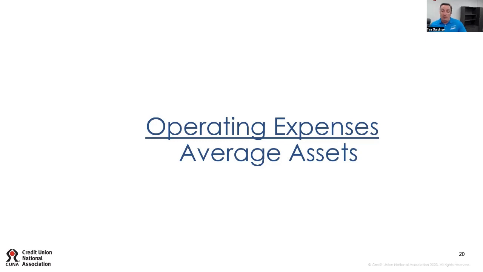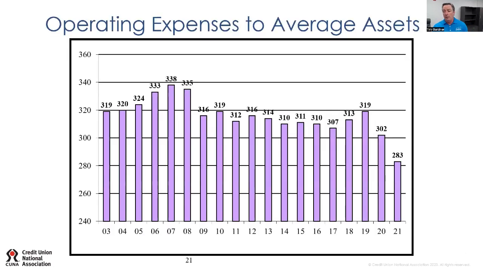And the amount is not even close as far as the second largest expense that credit unions have. But inside of operating expenses, you can find things like compensation and benefits, technology expenses could wind up there, collection expenses, loan servicing expenses. Those are just some of the examples of things that you can see in operating expenses.